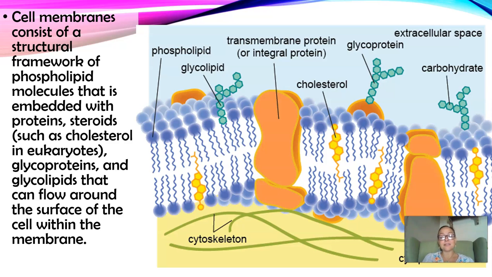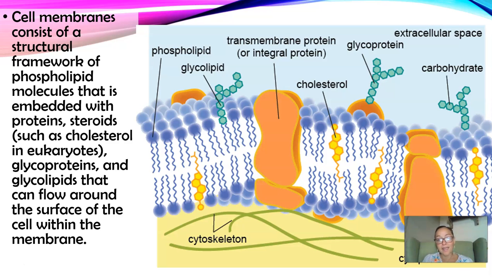Then you have these carbohydrate chains that come off the surface of the cell. It's called an oligosaccharide. You know how you hear mono or disaccharide is one or two sugars, and then a polysaccharide is many? Well, here you have a few. So these oligo, a few carbohydrates or monosaccharides joined together, you have these chains.